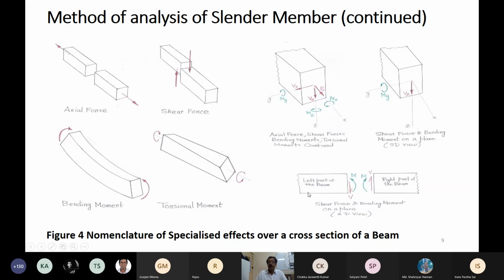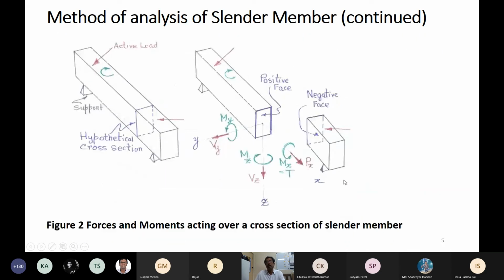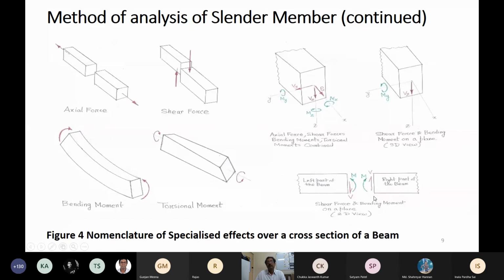Similarly, this is for the left part of the beam. Now going back to our original beam diagram, you see the My and Vz on this part of the beam. How about the corresponding forces on the other part? Yes, you should put M on the opposite side and V up. So this V is down, this V is up. This M is this side, this is anti-clockwise.